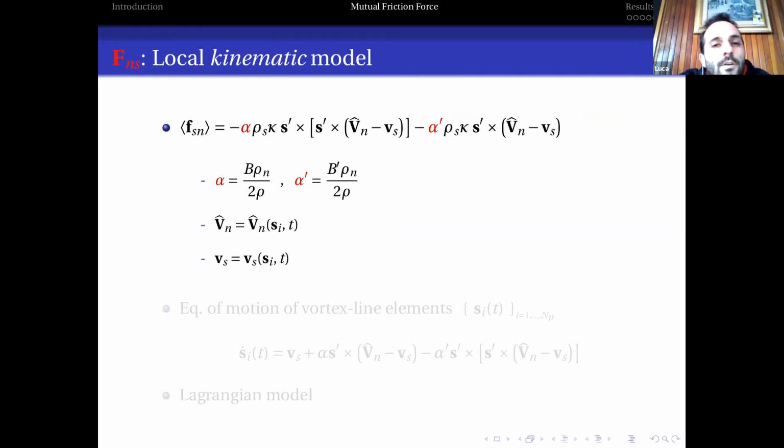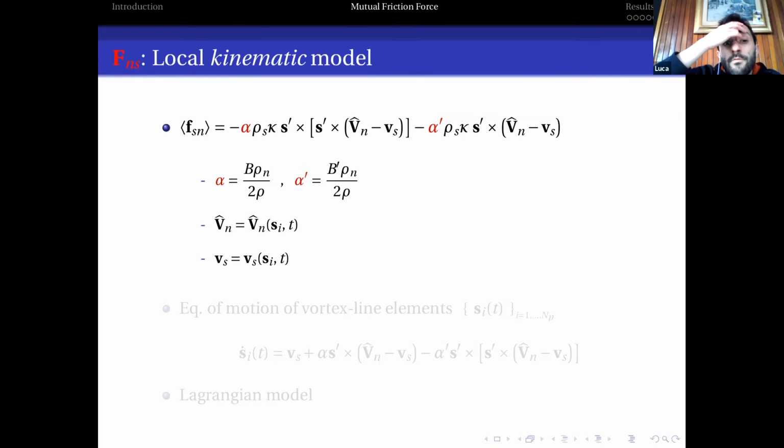In this case, the normal fluid velocity Vn is imposed, and it depends on the actual system that we are investigating, and it is calculated on the filaments, as is Vs. And in this case, of course, there is a calculation of the Biot-Savart integral, which in these earlier works by Schwarz was simplified, approximated with the local induction approximation.